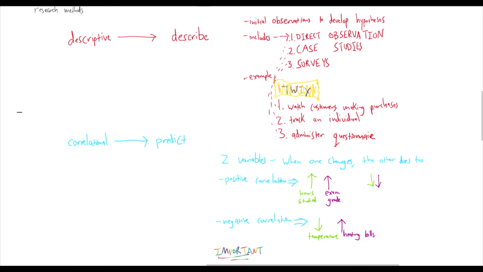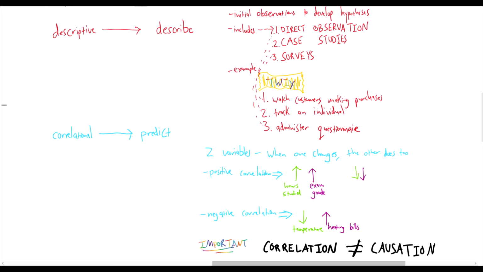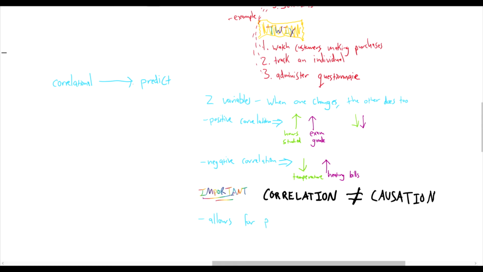Very importantly, just because we have a correlation doesn't mean a change in one variable causes a change in the other. We just observe a relationship between the two variables. So we say, and you'll often hear this, correlation does not equal causation, but we'll dig more into that in class. The cool part of a correlation between two variables is that it helps you make predictions when only one variable is known.